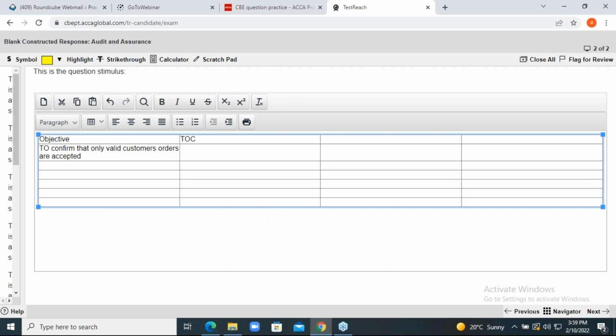So for example, place an order for a fake customer number in the system, of course, and confirm that the system rejects that order.